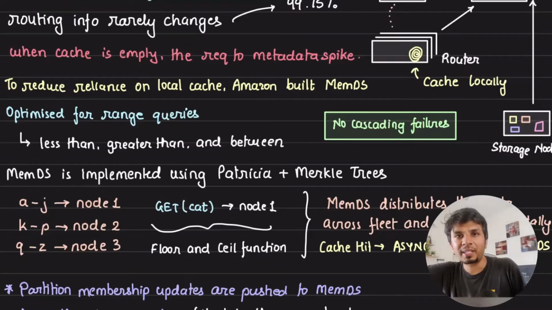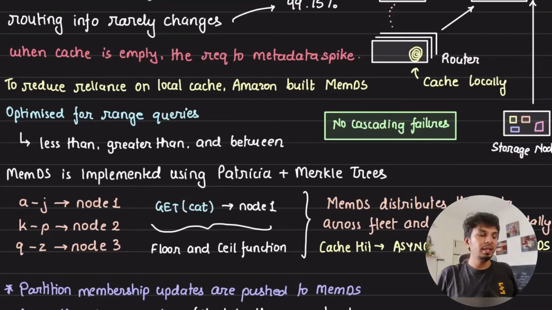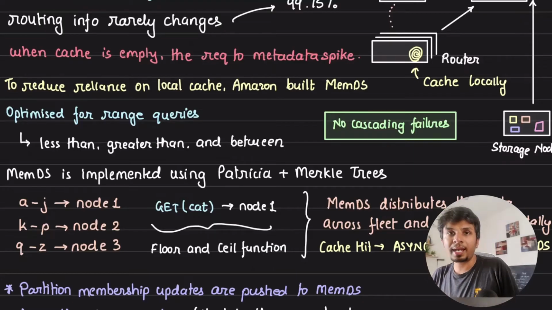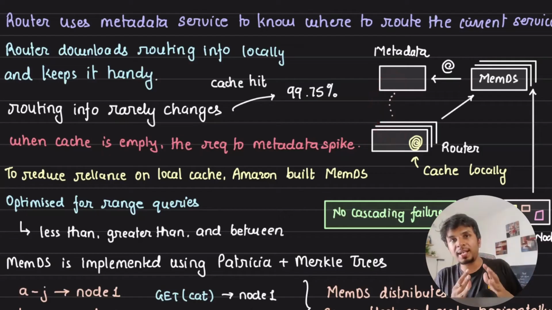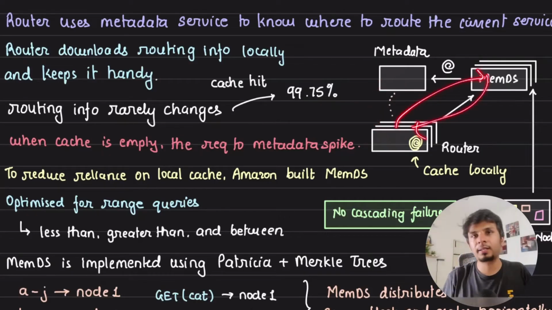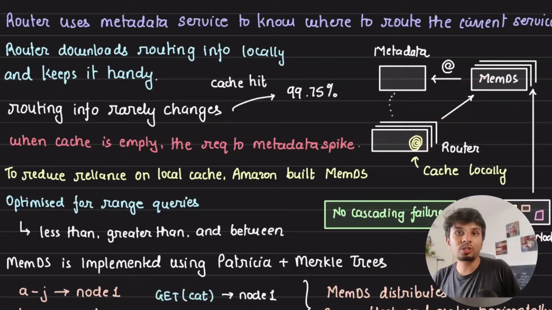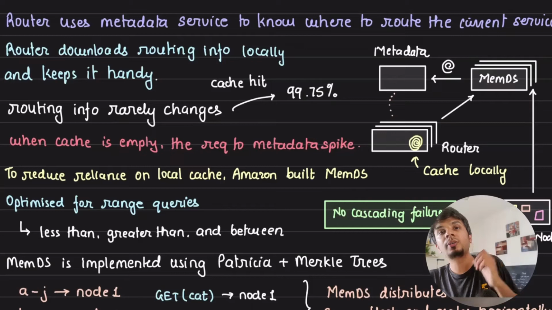That's the job of MEMDS. This way, instead of your router relying on the metadata service to populate the data, it actually calls MEMDS to get the data, right? That's a huge advantage. Because now you are not directly dependent on the metadata service to get that information.